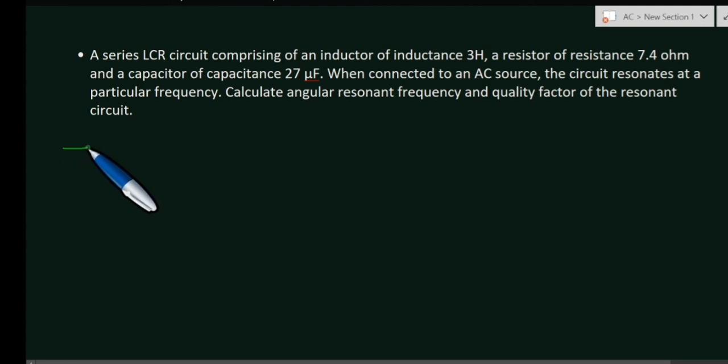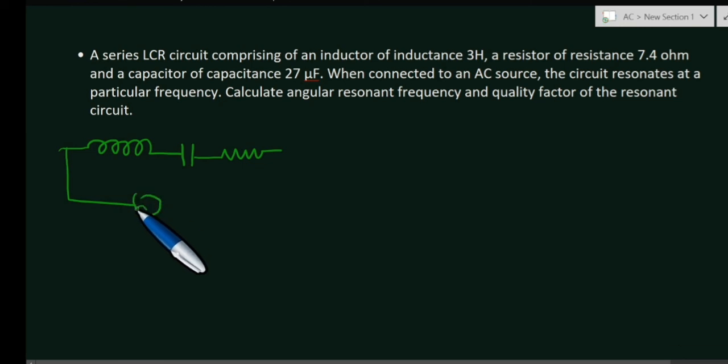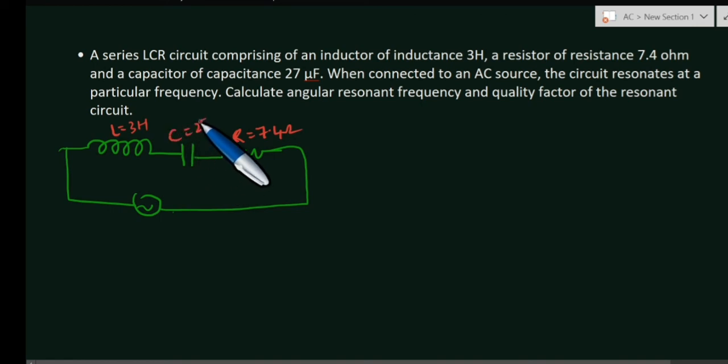So they have given a circuit consisting of L, C and R to an AC source, and the value of L is given, the L value is equal to 3 Henry and the value of resistance is equal to 7.4 ohm, and they have given the value of capacitance that is equal to 27 microfarad.